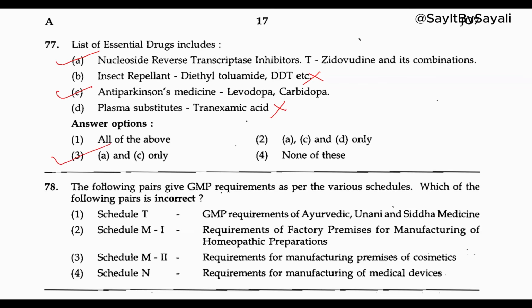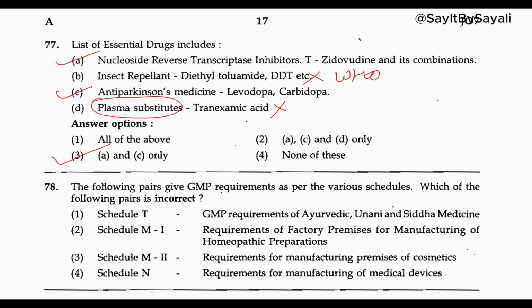Zidovudine and its combination are correctly listed as a nucleoside reverse transcriptase inhibitor. Levodopa and carbidopa are correctly listed as anti-Parkinson's drugs. Insect repellents like diethyl toluamide and DDT are not typically included in the WHO list, and tranexamic acid is a specific medication used to prevent blood loss, not a plasma substituent.